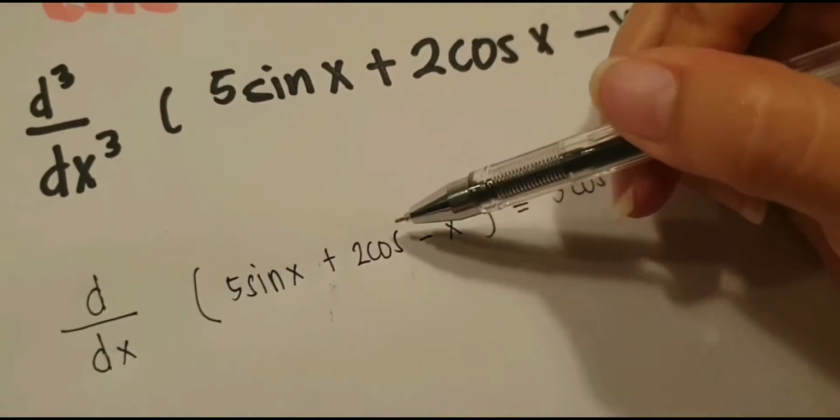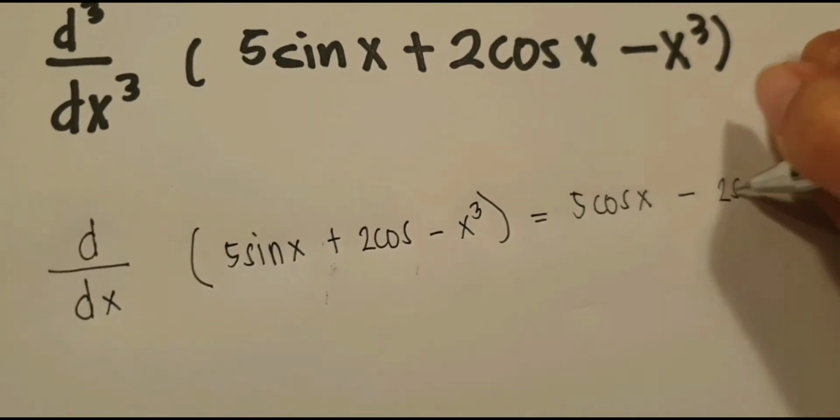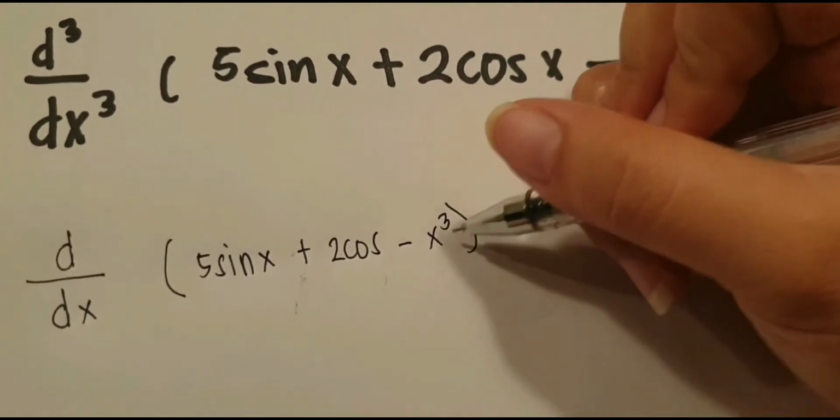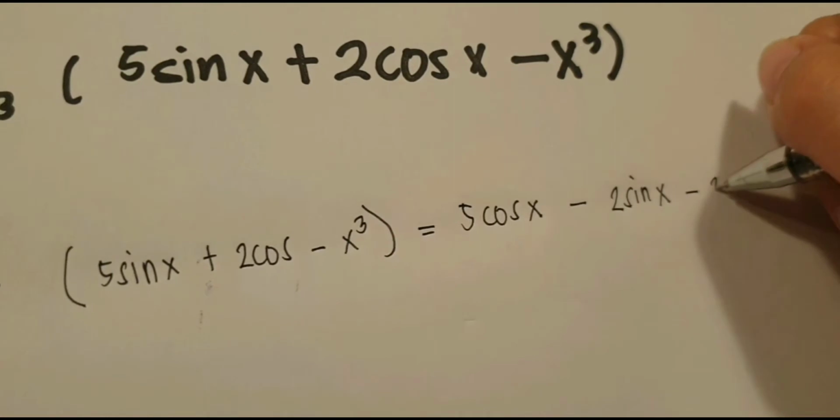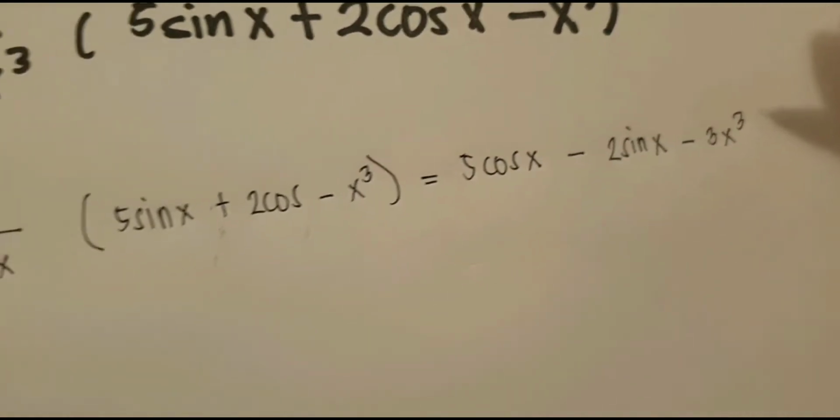Then the derivative of 2 cosine x is minus 2 sine x, minus the derivative of x cubed, which is 3x squared.